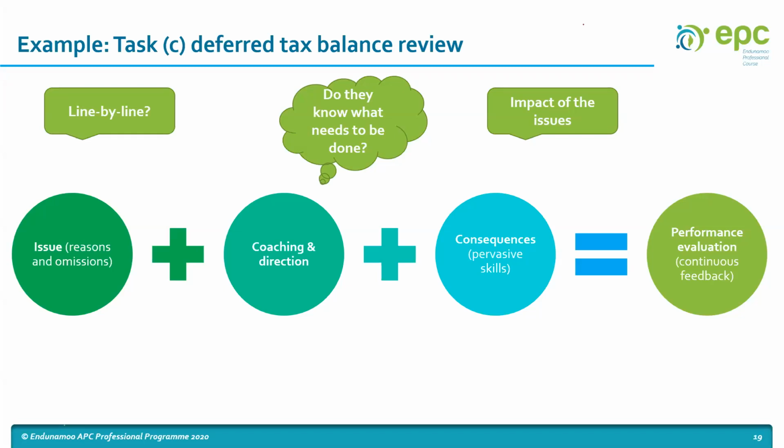But I'm thinking, what could be the consequences of getting a deferred tax balance wrong? Either the financial statements will be materially misstated, or the auditors could qualify the financial statements on the basis of the incorrect deferred tax balance.